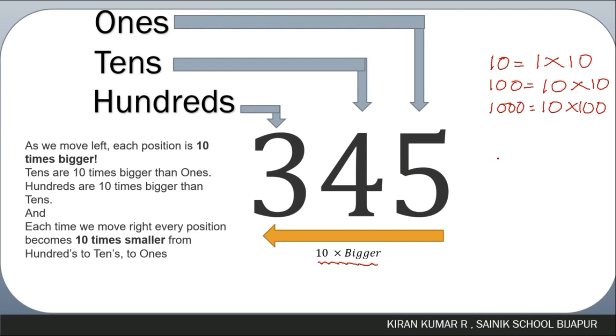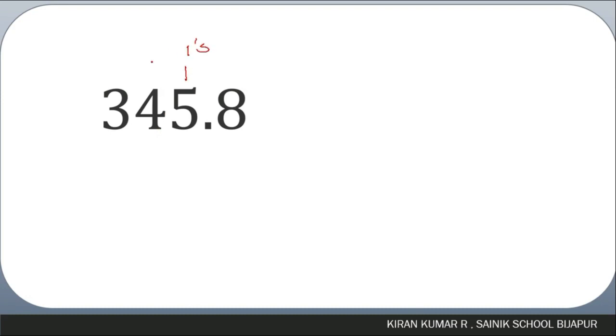What if there is one more digit over here? What will be the value of the digit? For that, I have considered an example, 345.8. Here, this is the ones place, this is the tens place, this is the hundreds place.